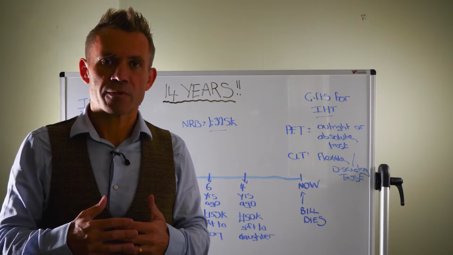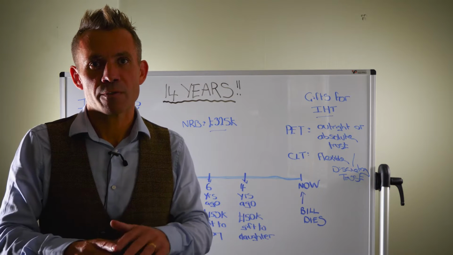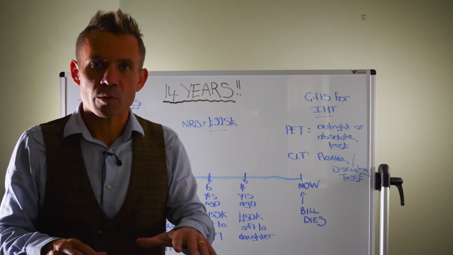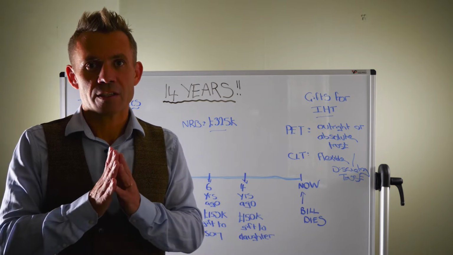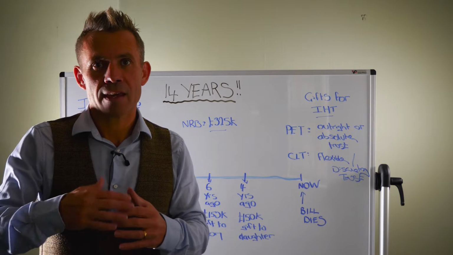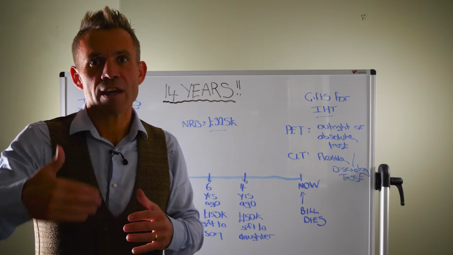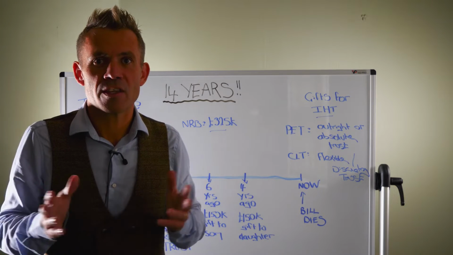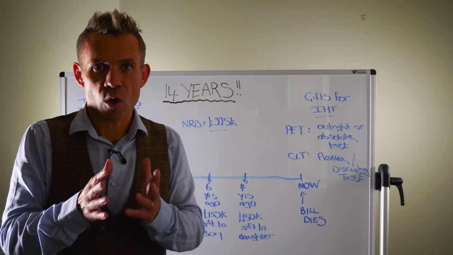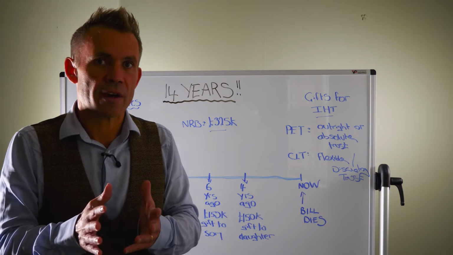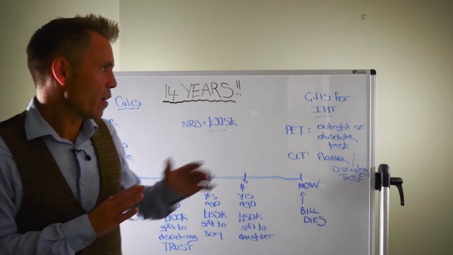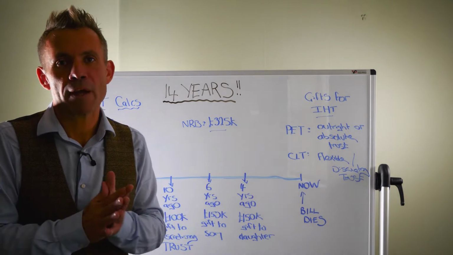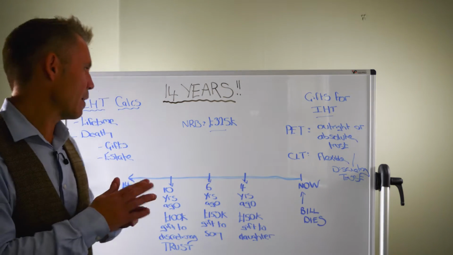A chargeable lifetime transfer is a transfer into a discretionary or flexible trust. That's chargeable only if the gift goes over the nil rate band, the 325,000, where there's no tax to pay as long as you stay under the 325,000. Those are the two types of gift you can make for inheritance tax purposes.